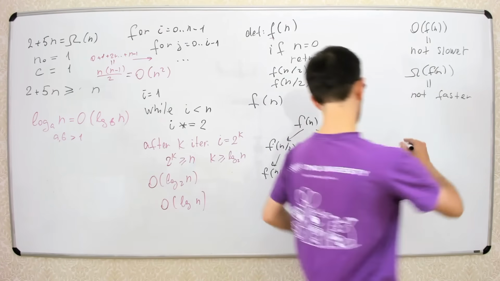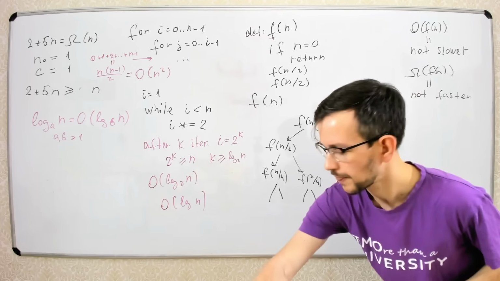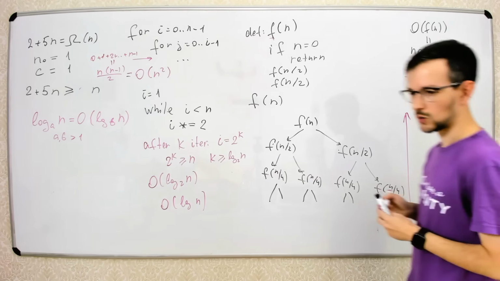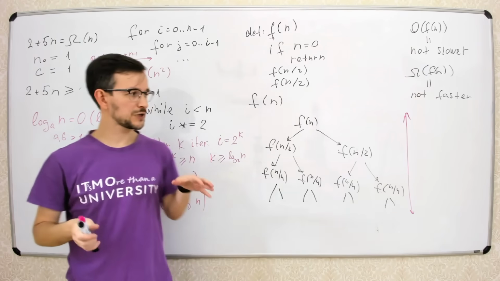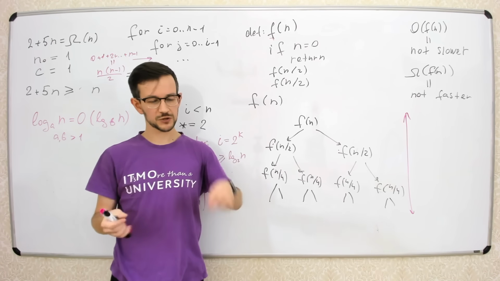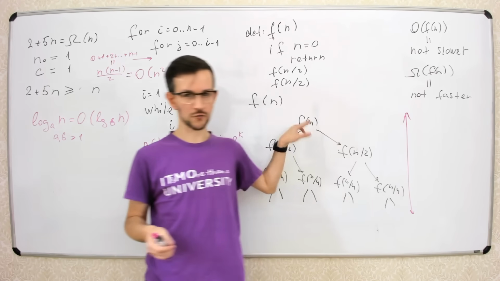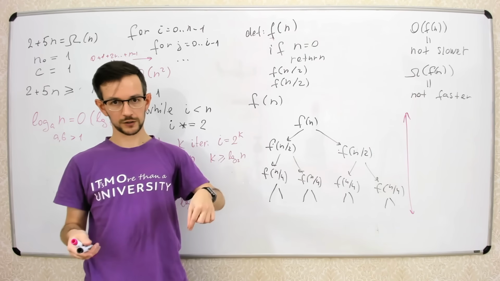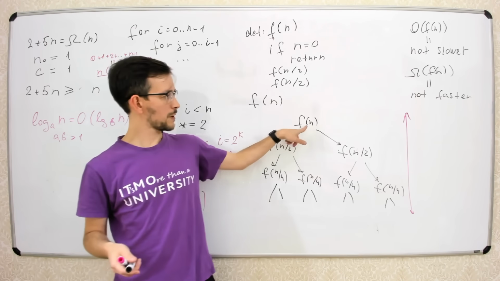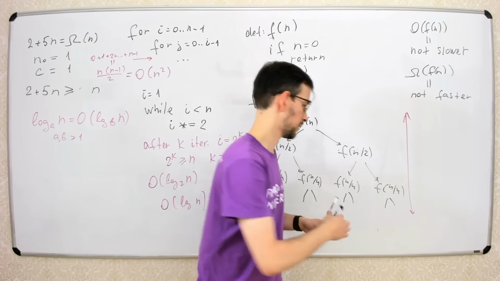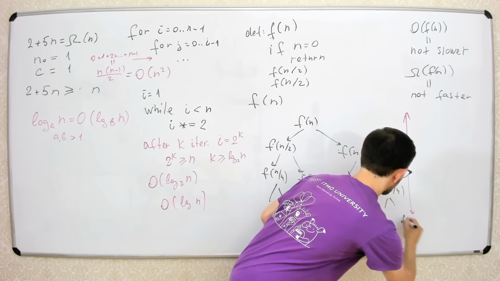What will be the height of this tree? The height of the tree will be the deepest recursive call. So the number of recursive calls in every branch of this tree will be up to log n, like before. So we make f of n over 2, and over 4, and so on until we reach f of 0 in the end here.